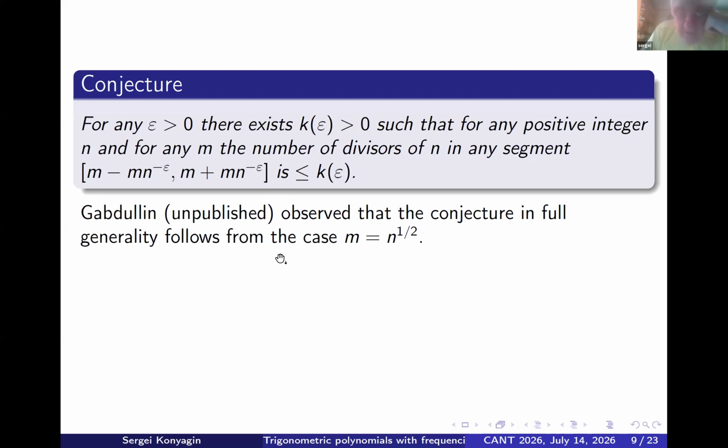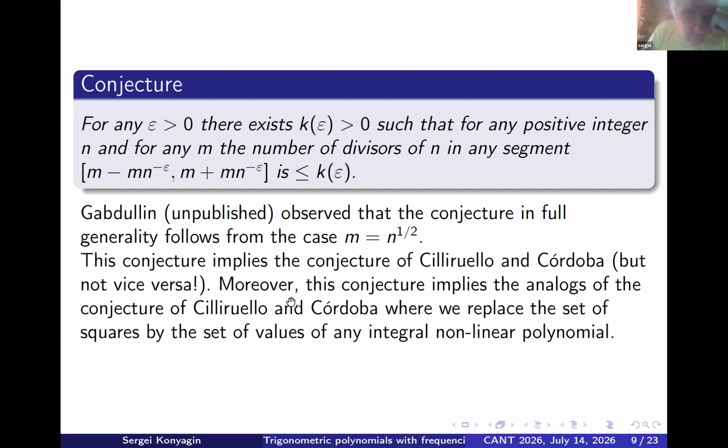Gabdulin observed that it is enough to prove this conjecture for the particular case where the segment is around the square root of n. The conjecture implies the conjecture of Cilleruelo and Córdoba, and moreover, using this conjecture, we can prove the analog of the Cilleruelo–Córdoba conjecture if we replace the squares by the values of some nonlinear integral polynomial.